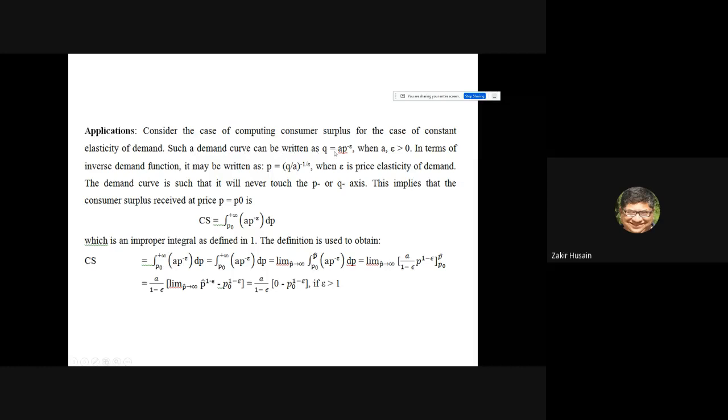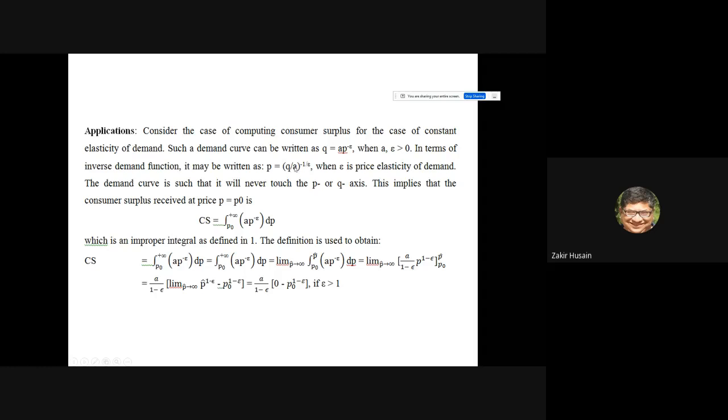Such a demand curve can be written as Q equals A times P to the power of minus epsilon, where A and epsilon are both positive. Epsilon is the constant elasticity. You can just check it by taking dQ by dP and so on. If you want to find the consumer surplus, we have to take the inverse demand function, price as a function of quantity.